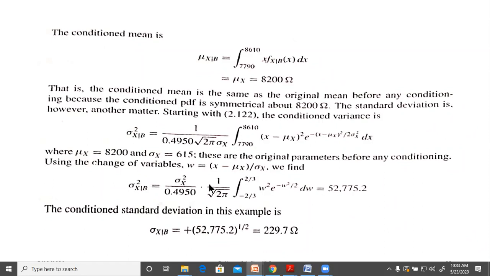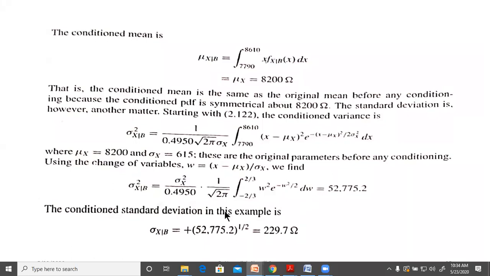That means you can find this value for the range minus 2 by 3 to 2 by 3 by looking at the table. On one side you have 0.6666, on the other side minus 0.666 and plus 0.666.